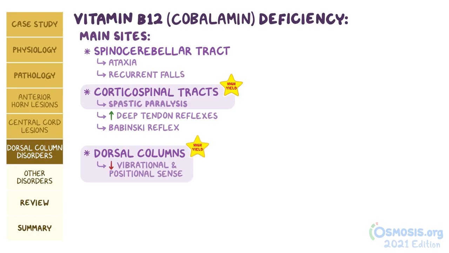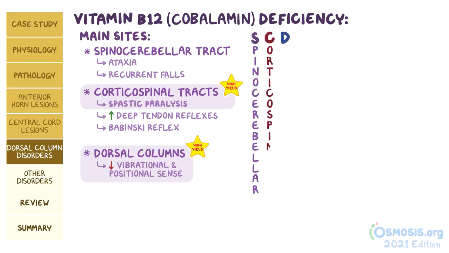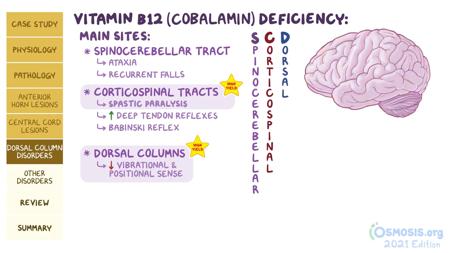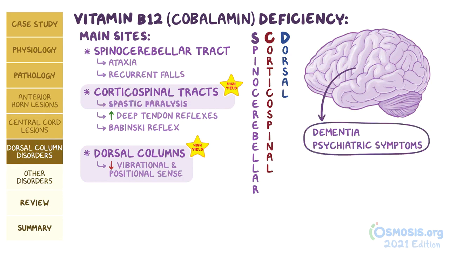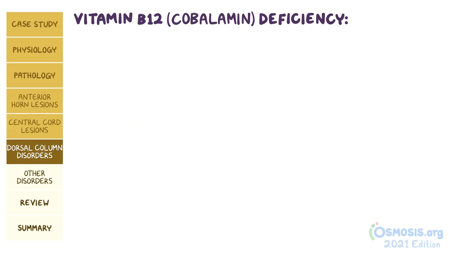A good way to remember that is by thinking of SCD as spinocerebellar, corticospinal, and dorsal columns. It can also affect the cerebrum, causing dementia or psychiatric symptoms. These are actually early signs of B12 deficiency. In some cases, peripheral nerves carrying sensory input can also degenerate, resulting in numbness or paresthesia.